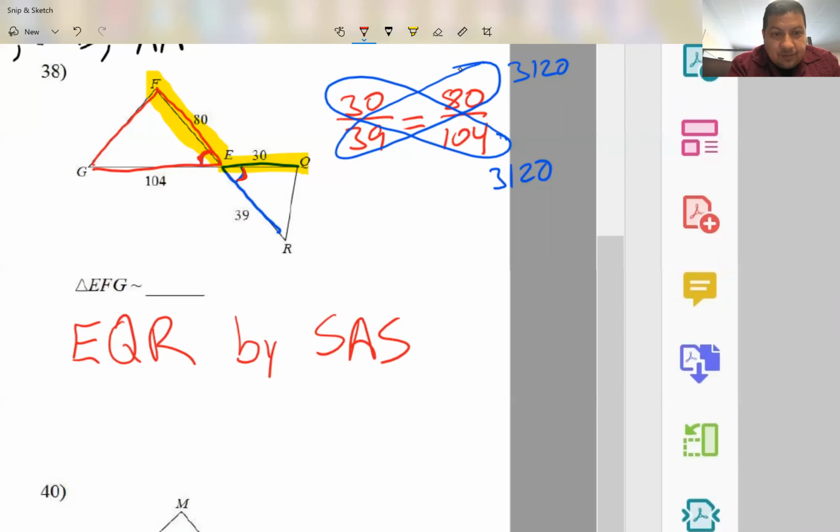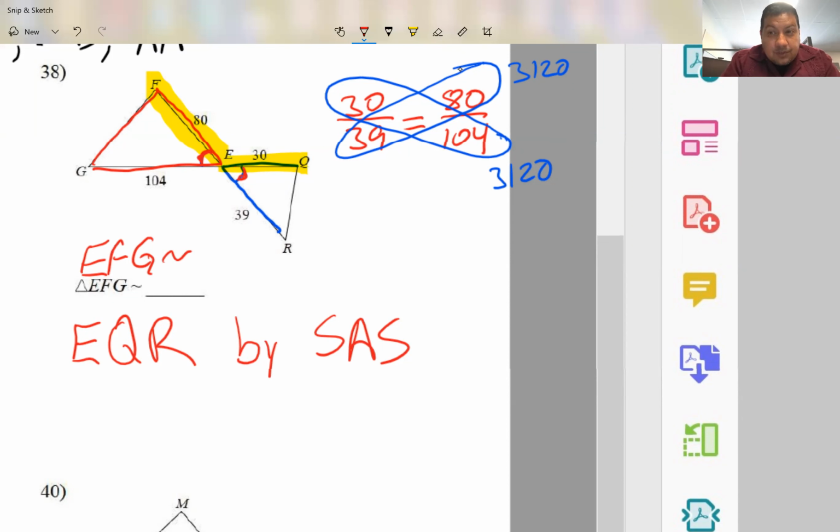The statement given says EFG is similar to what? Now, F goes with Q. The reason why I know F goes with Q, because notice the side EF, notice how I highlighted the side EF? EF is the small side from the red triangle, right? EF is smaller than EG. So EF goes with EQ.